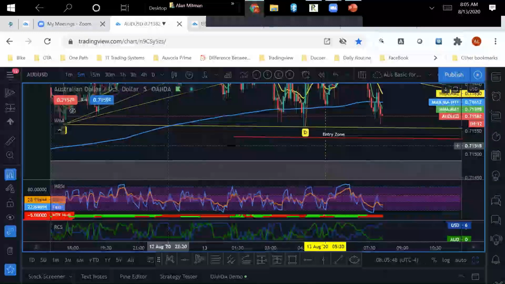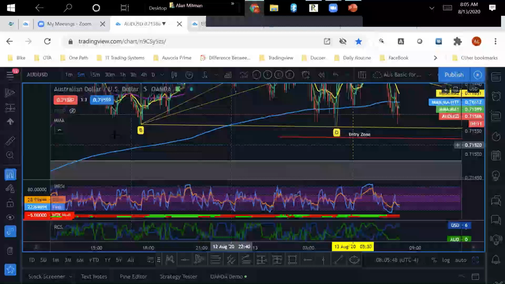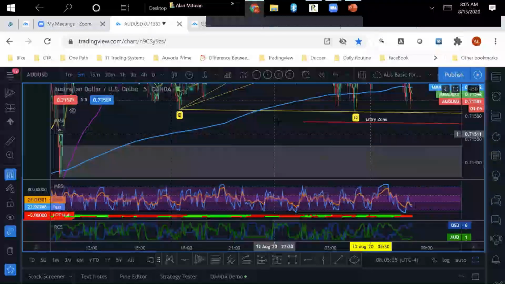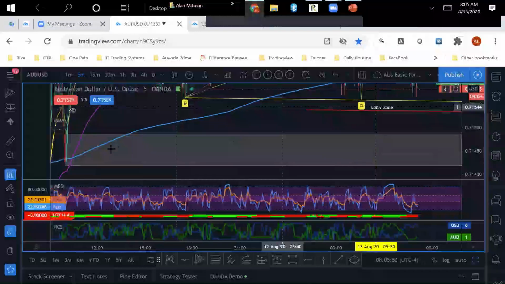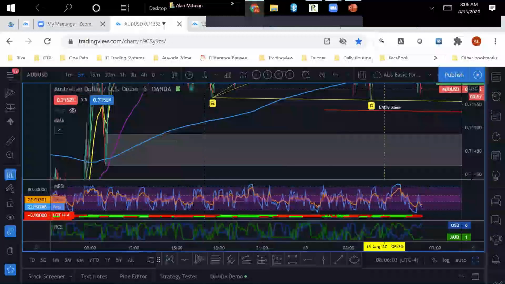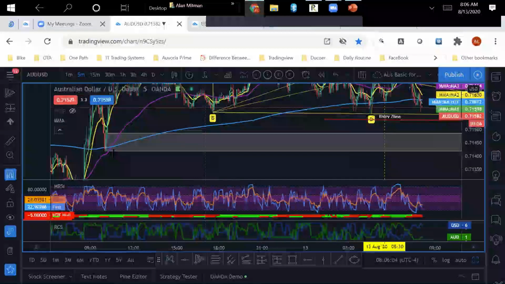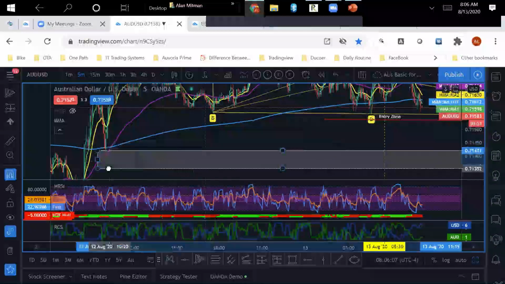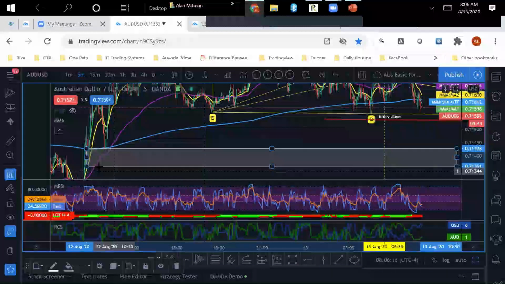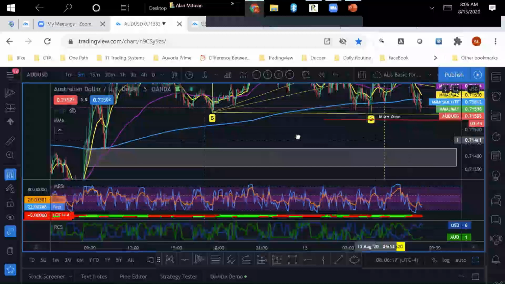This would be the first area of interest. Actually, it's pretty much looking at the 5-minute chart. There's really no wicks until it can get all the way down to this area right here. That gives us a little bit more room for a target if it breaks down.